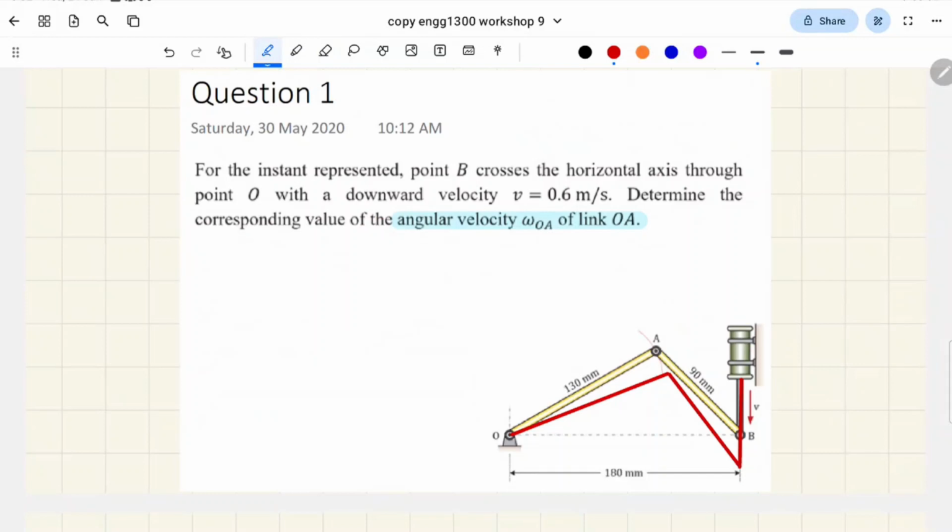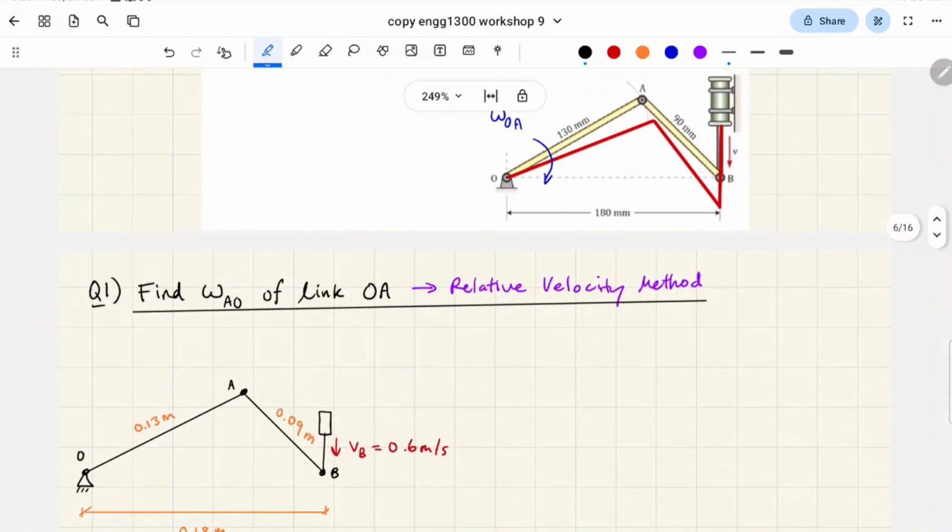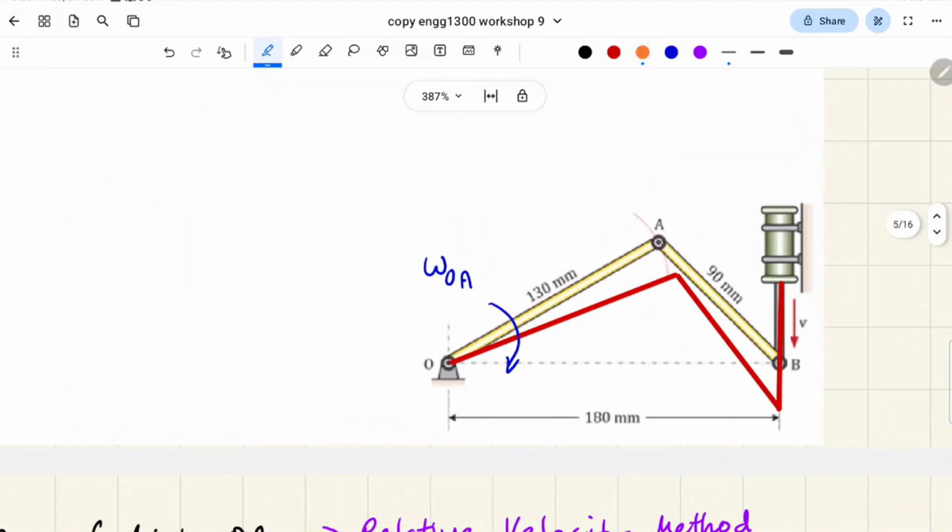And so the machine wants to go this way pretty much. So omega OA is going to want to go clockwise, from observing the system. Oh yeah, and that stays as 130. So these distances don't change, right?